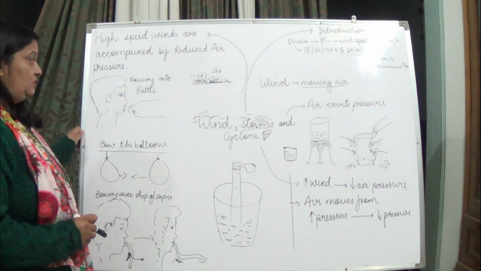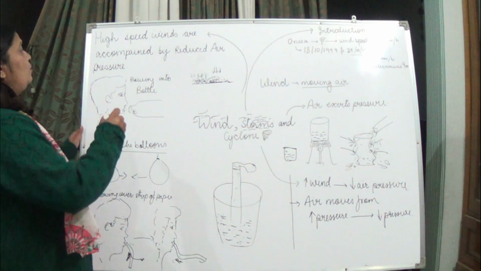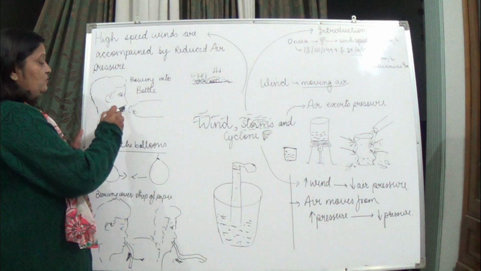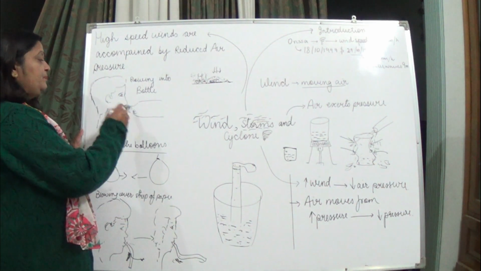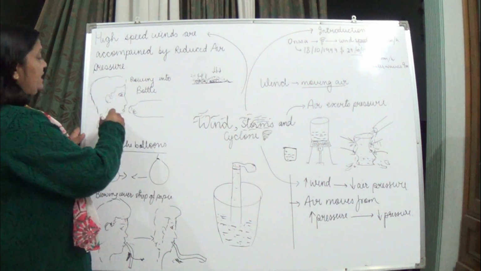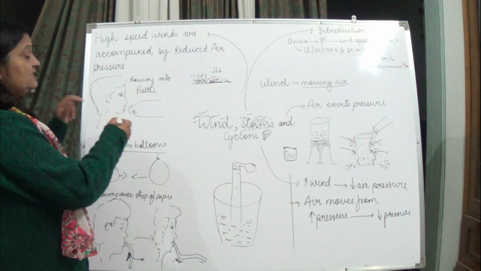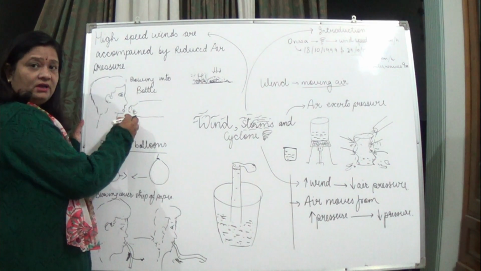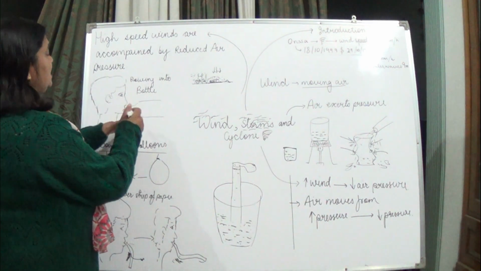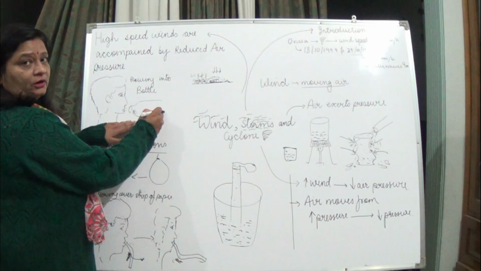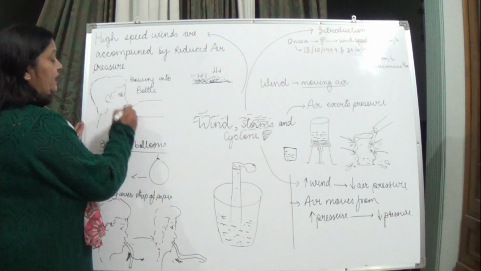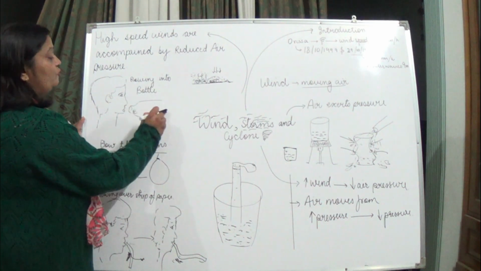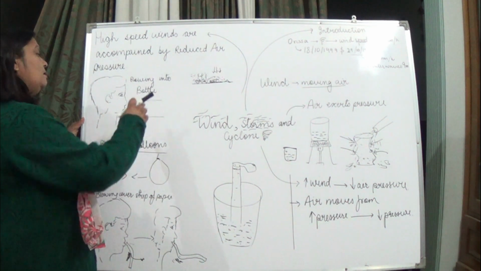Why does this happen? Where there is high speed of wind, the speed is more. Naturally near the mouth where you are blowing, the speed is more, and as a result it creates a low pressure area near the mouth of the bottle, and this can't make the paper move forward towards the bottom of the bottle.